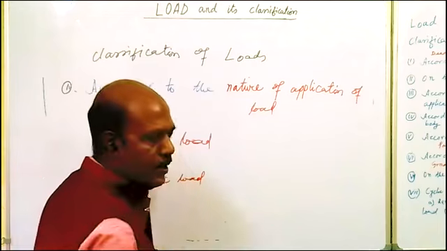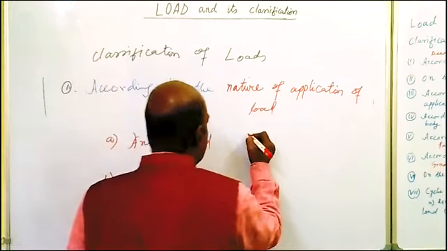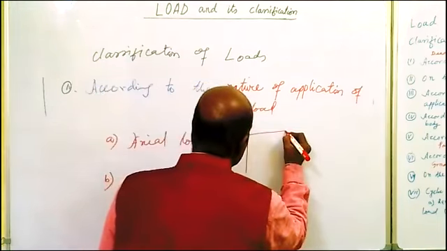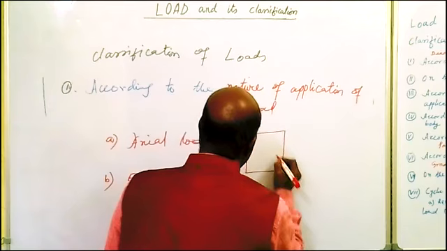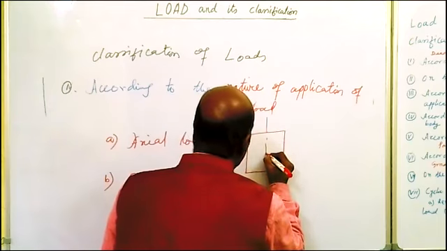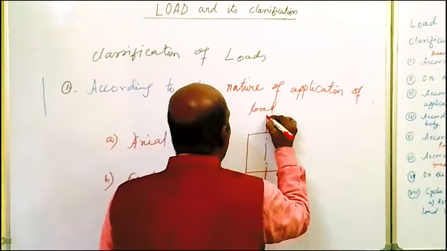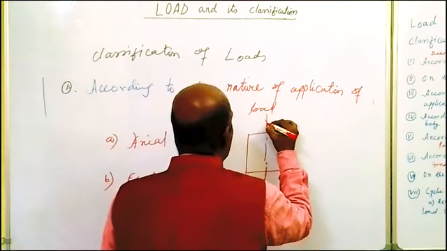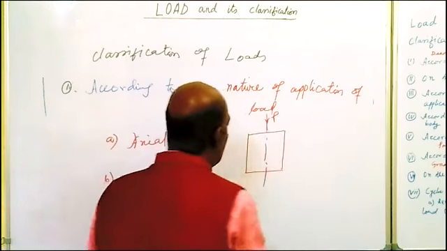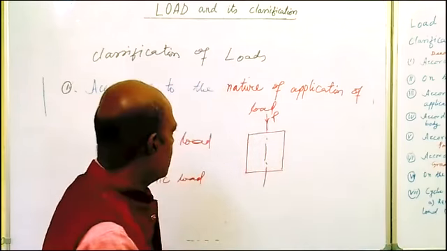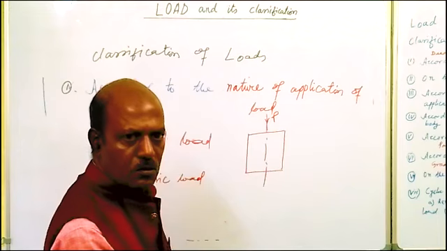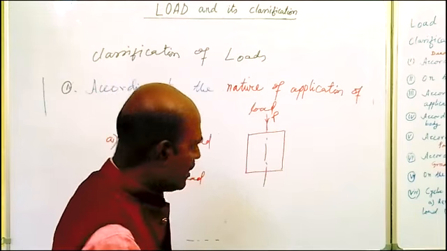If we see the first kind, axial load, say this is the member, and let this be the axis of the member, and load is acting along the axis of the member. So P is the load acting along the axis of the member. Now P is a compressive load, so it will produce compressive stress.